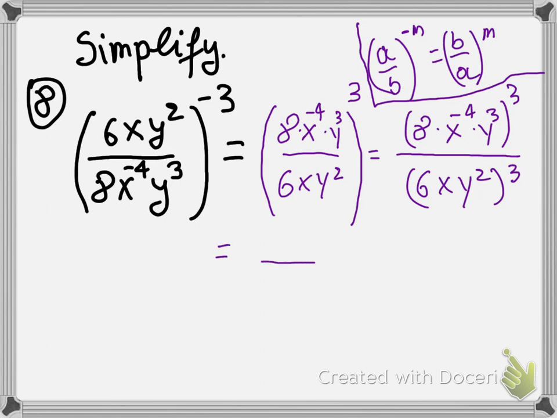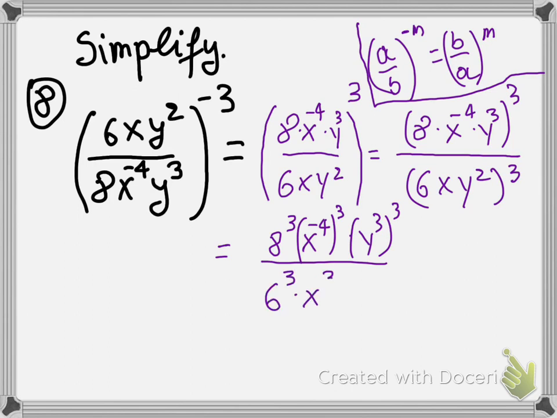Equals 8 to the third, x to the negative fourth to the third, times y to the third, over 6 to the third times x to the third times y squared to the third, equals 8 to the third. Let's find that out.